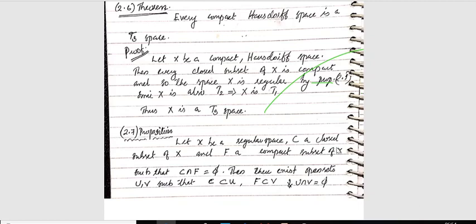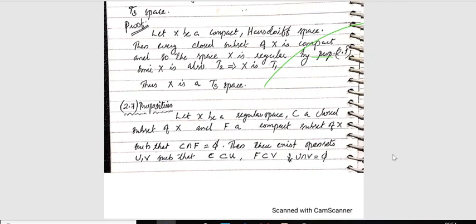That means we have replaced the point in a regular space with a compact subset, and the two are disjoint. We can have the proof of this proposition in the next class. Just do note that such a proposition is there.